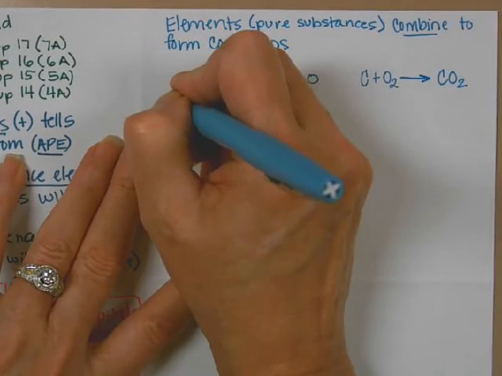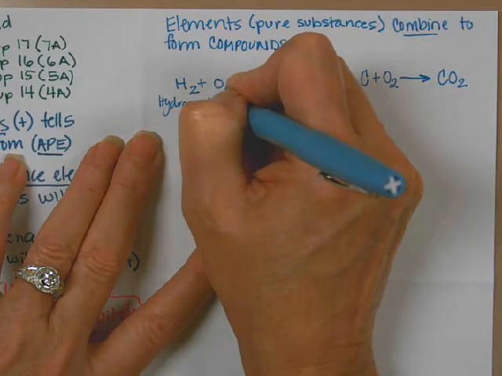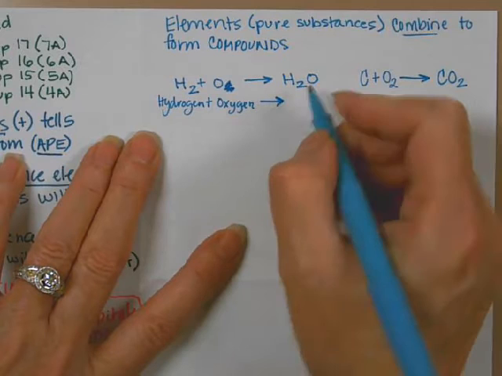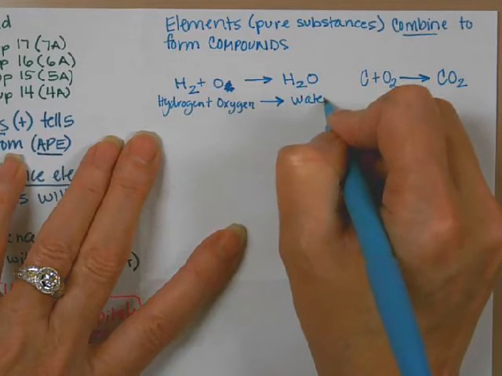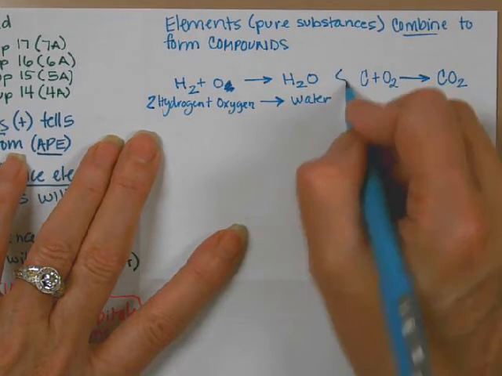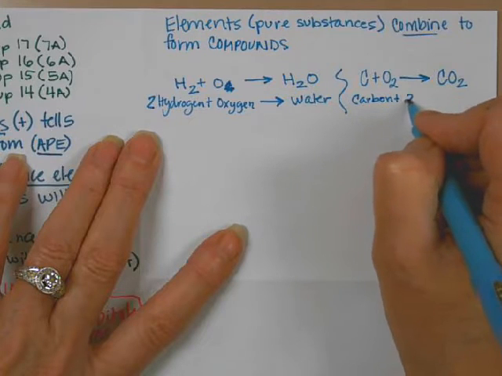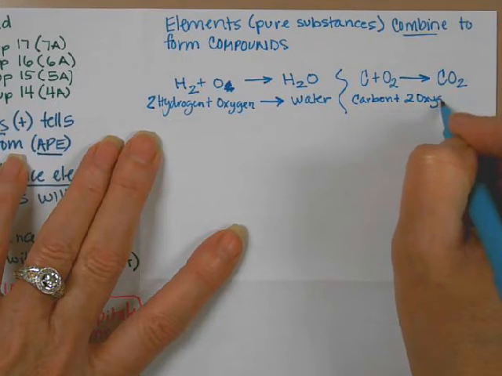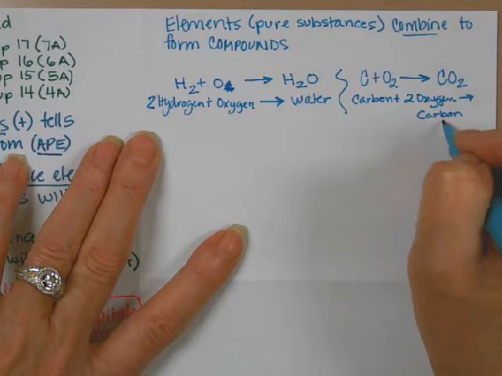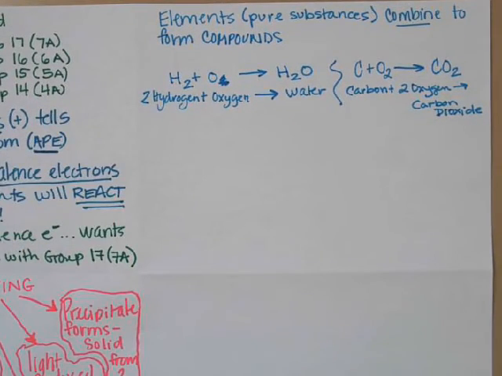So here we had hydrogen plus oxygen, and that yielded or made water, right? Only 2 hydrogen to be specific. Here we have carbon and 2 oxygen give us carbon dioxide. All right, does that ring a bell?